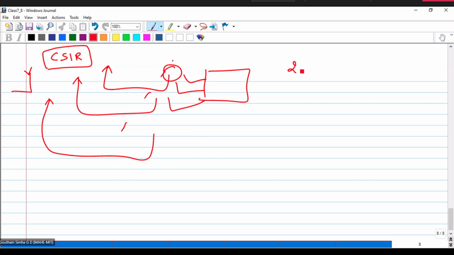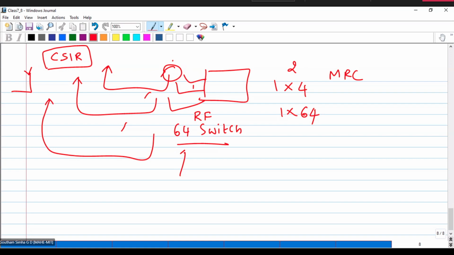For a 2x4 system or for 1x4 MRC, it's fine. 1x64 is not fine, because you should have 64 RF switches, and all RF switches should be active all the time because you're using all the 64 branches. So it's not going to work out like that.